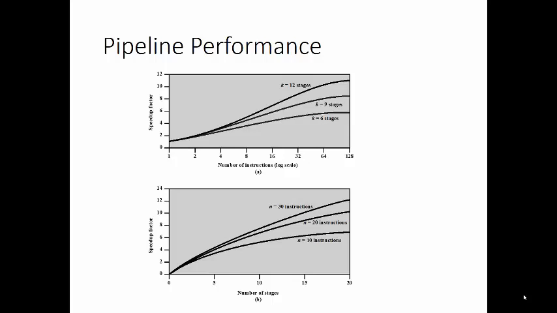So in looking at that speed up, these two graphs show the potential speed up factor. The first one shows it as a function of the number of instructions that are executed without a branch, and that's asymptotic to the speed up factor. 14.14b, which is the one at the bottom, shows the speed up factor as a function of the number of stages in the instruction pipeline.